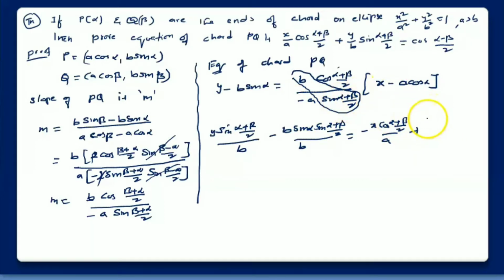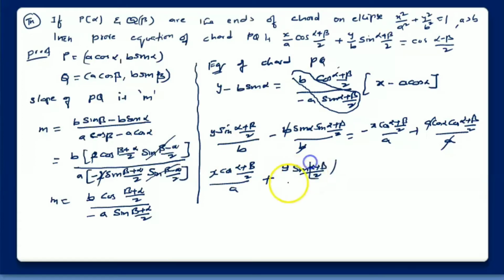I write like this. So a into cos of (alpha plus beta) by 2 by a gets cancelled here. Here b gets cancelled. Take x to this side. This becomes x cos (alpha plus beta) by 2 by a, plus, y term, y sin (alpha plus beta) by 2 by b is equal to cos alpha cos (alpha plus beta) by 2.